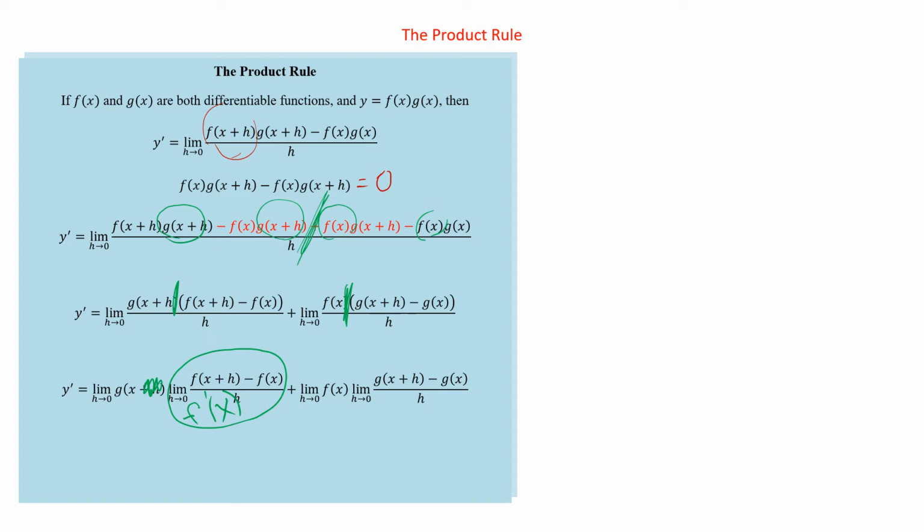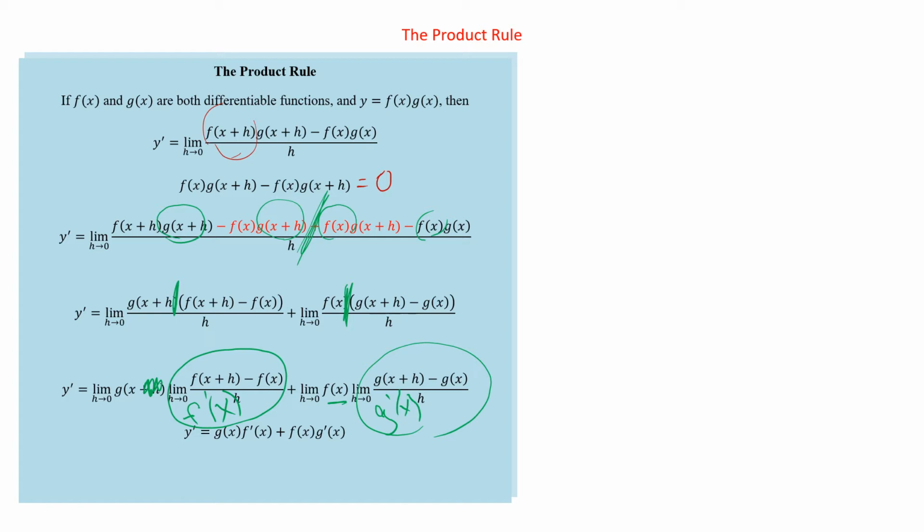Over here, there's no h even in here, so that's just f of x. And this is the derivative of g of x, so that's going to be g prime of x. So when we get that all written out, y prime is going to be g of x times f prime of x plus f of x times g prime of x. That is the product rule.